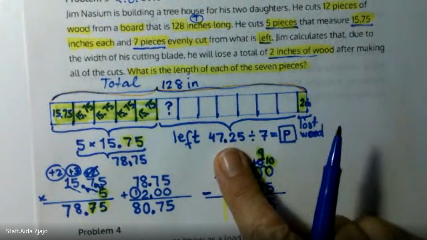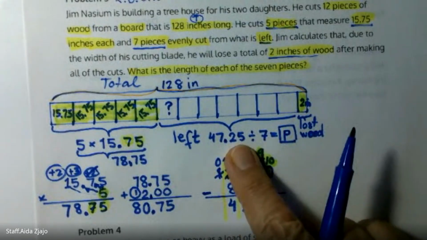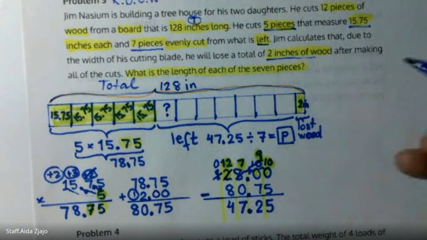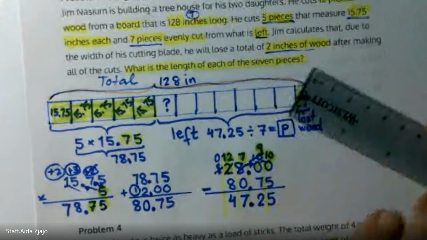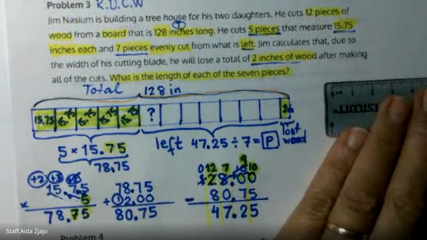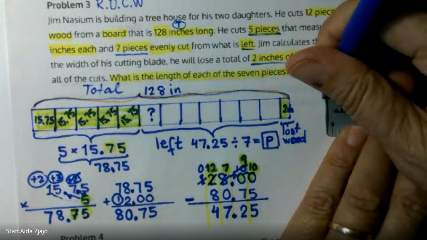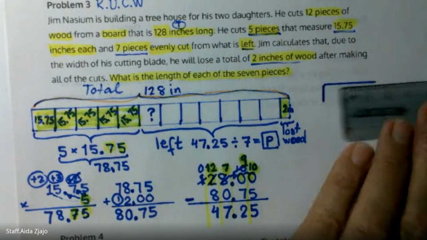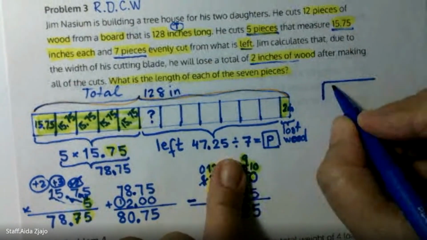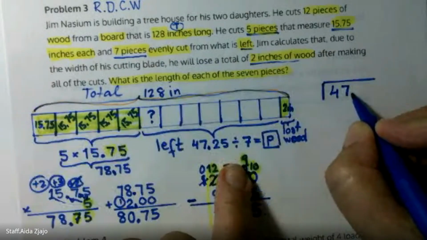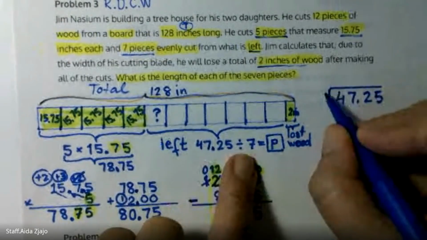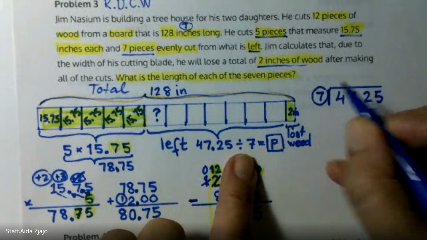Now we need to divide 47 and 25 hundredths by 7. So we're going to use a standard algorithm. So if I start right here, I say I need 47 wholes and 25 hundredths, divide in groups of 7.